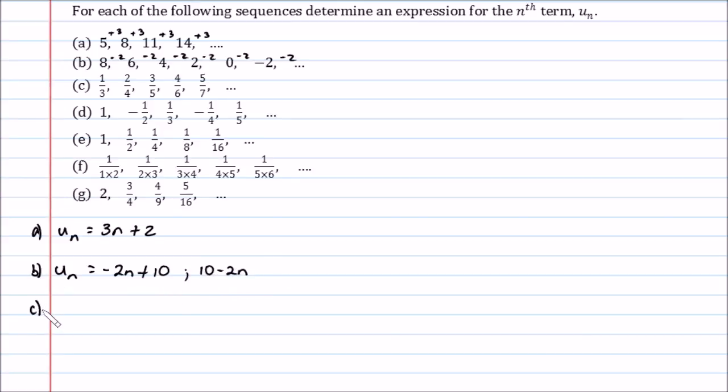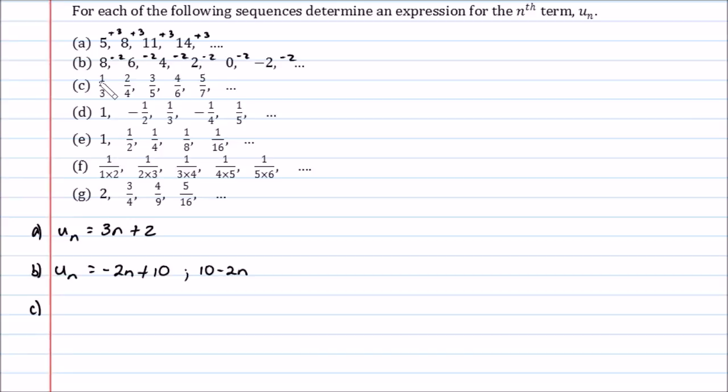Alright, part C. Now clearly we're not adding or subtracting a constant term. So what are we doing? Well, let's look and see if we can realize any patterns. My numerators, so for fractions we generally divide it up into the numerator and the denominator, and we can look at each of them separately.